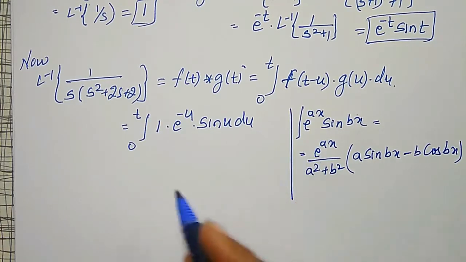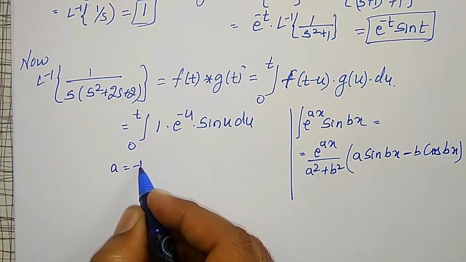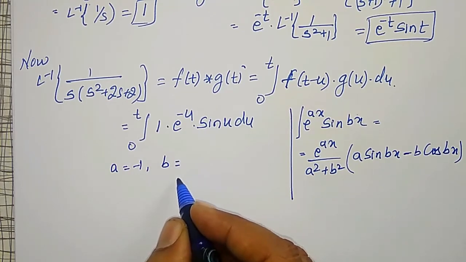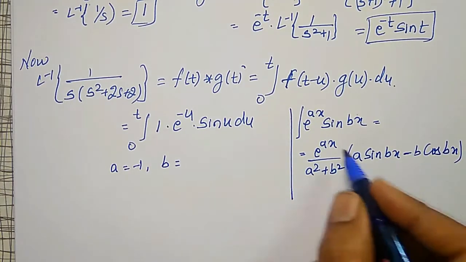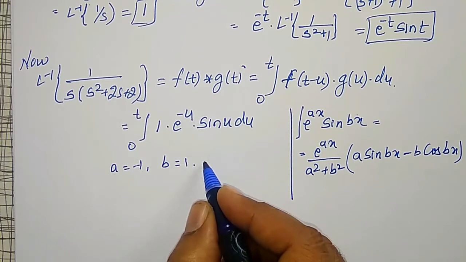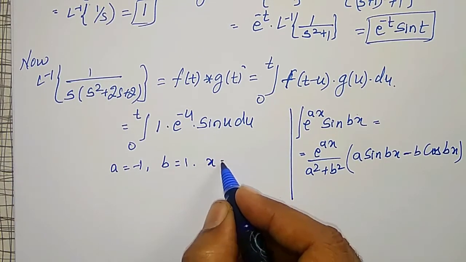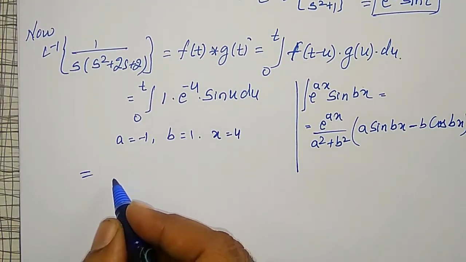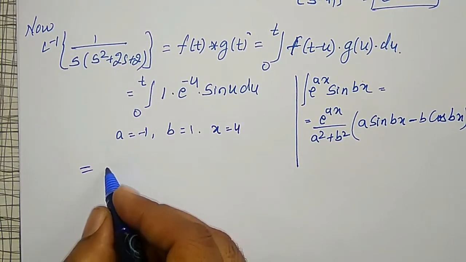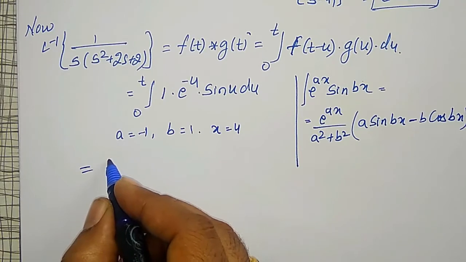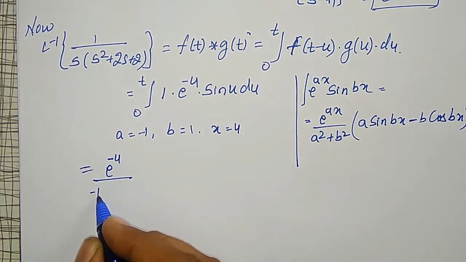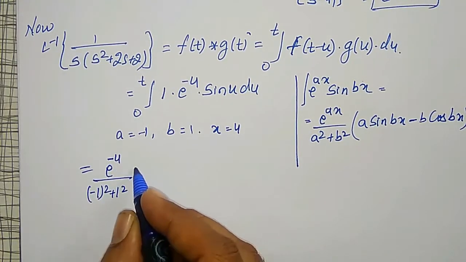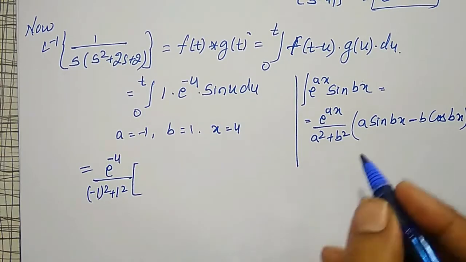If you compare with this one, a is equal to minus 1 and b is equal to 1, and x is equal to u. Now, integration of this is given by e to the power minus u divided by minus 1 square plus 1 square into a sin bx.